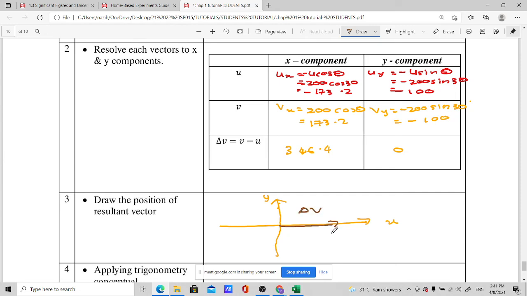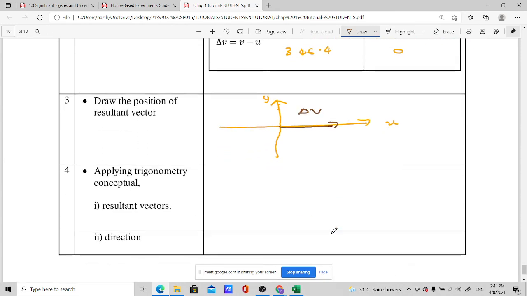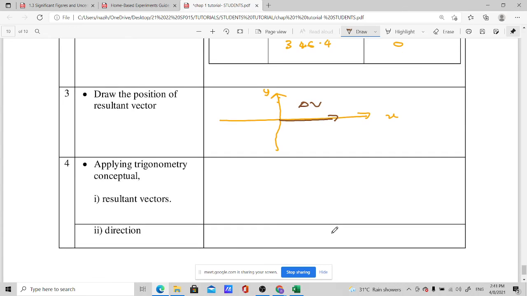The value is 346.4. But they ask you to apply the trigonometry concept of the resultant vector. Usually in the final exam, for this formula you will be given 1 mark. It becomes delta V equals the square root of delta Vx squared plus delta Vy squared. So in the exam, please put in this formula.